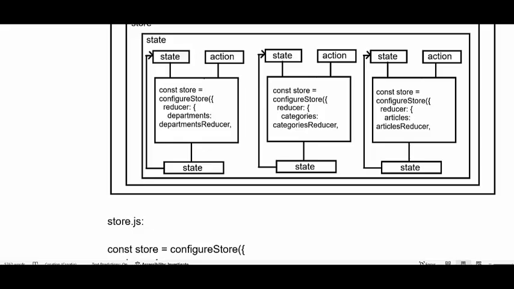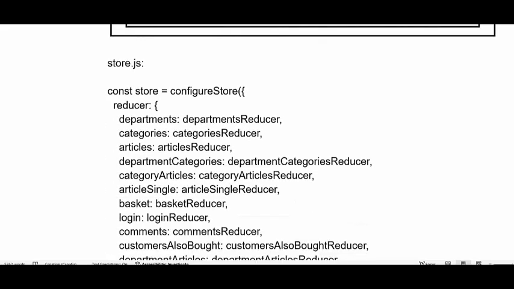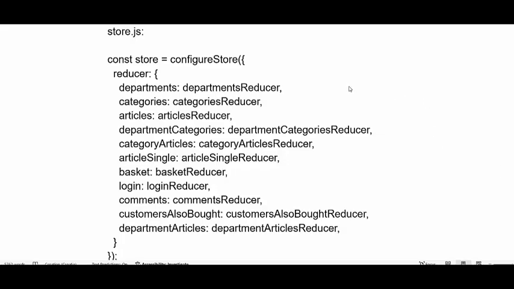Here I write part of the code. Interesting here. Store.js. Declaration: constant store equals configureStore. Function configureStore. What does configureStore do?